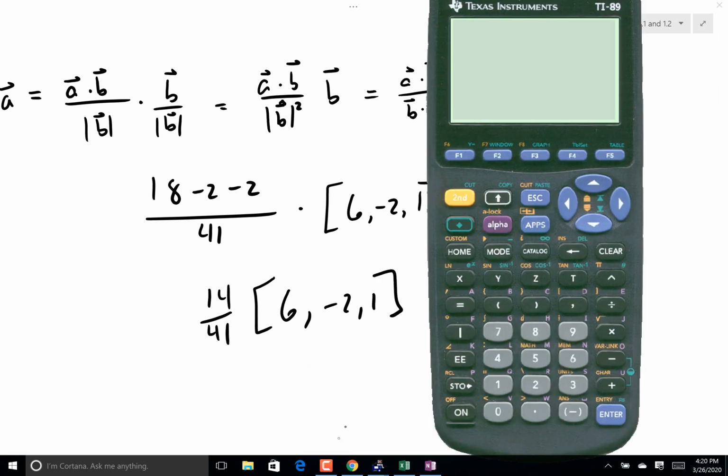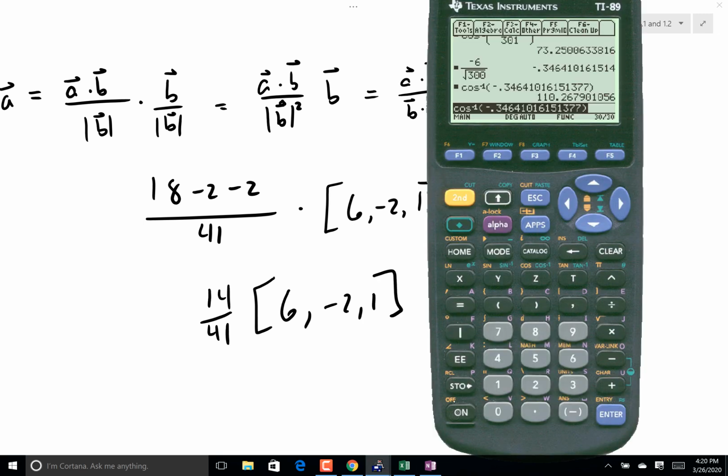I'm going to go ahead and do this on the calculator because I want to graph this in a minute just so I can visualize it better. 14 divided by 41. And I'm just going to put these in as a vector because I can. There they are. Cool.